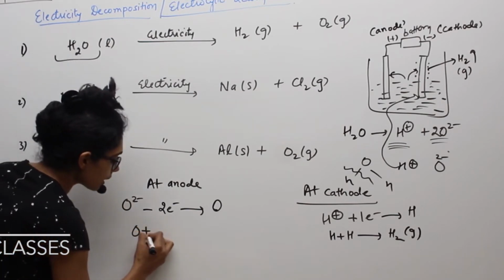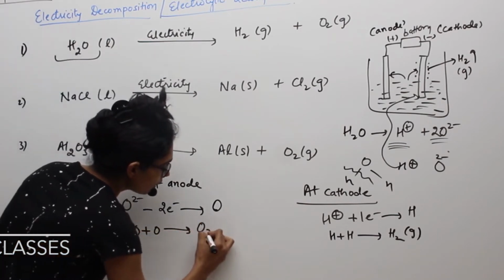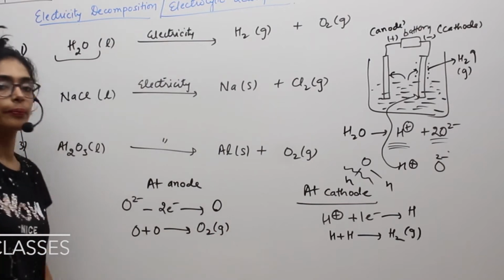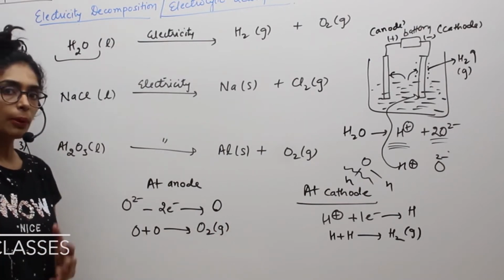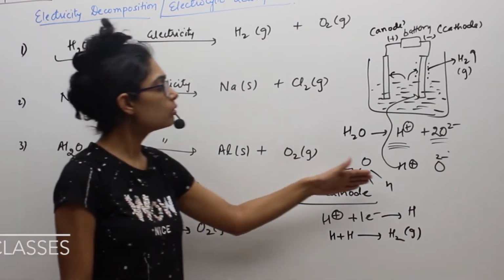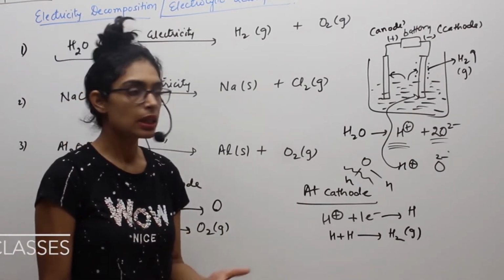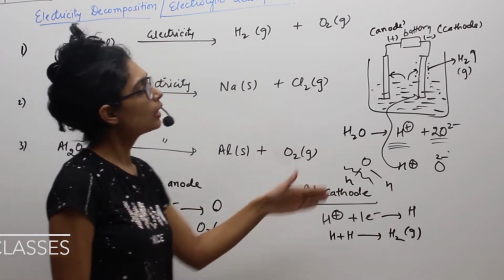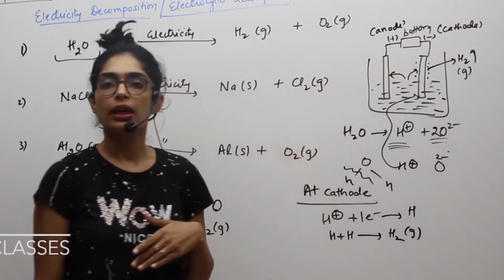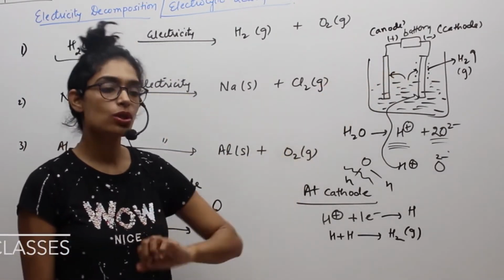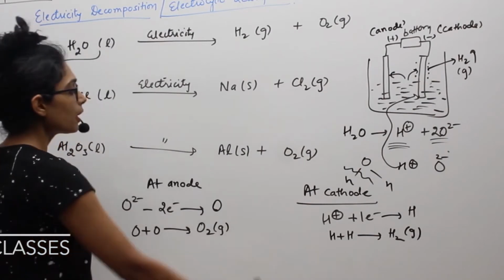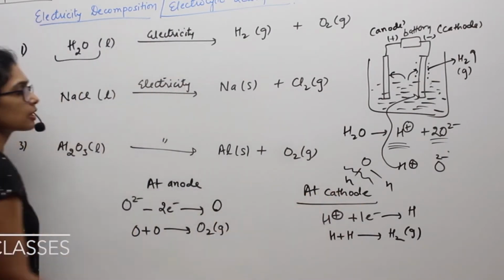Two oxygen atoms will combine and form O2 gas. You got my point? Basically I have broken down the water into its respective ions with their valencies, and according to their valency they go to the respective cathode or anode, take or give electrons, become neutral, and then form the respective gases.